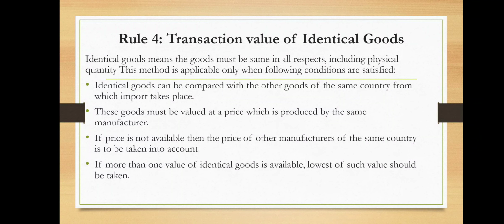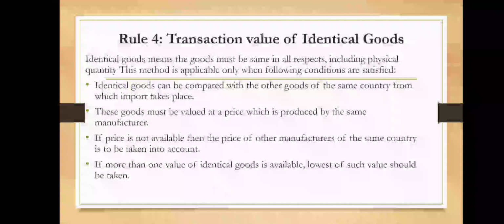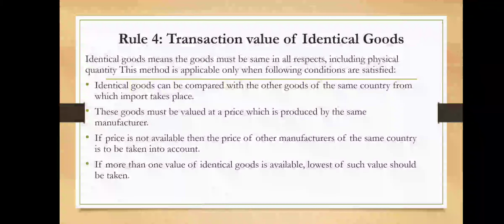The manufacturer will also be the same, and if the market price is not available for the calculation, we need to take it from another manufacturer of the same country.